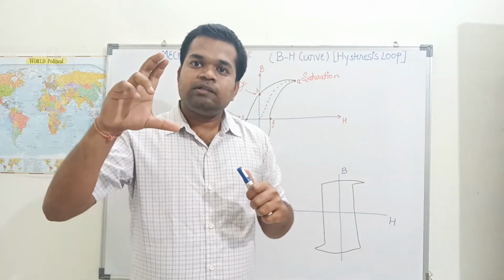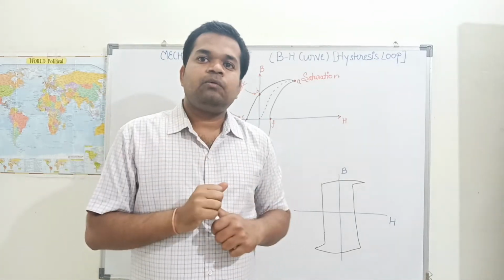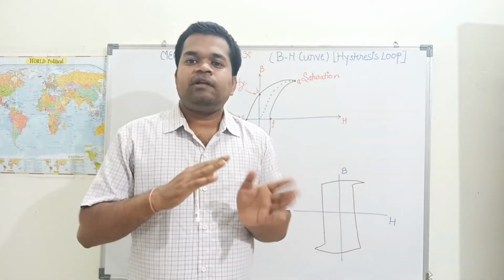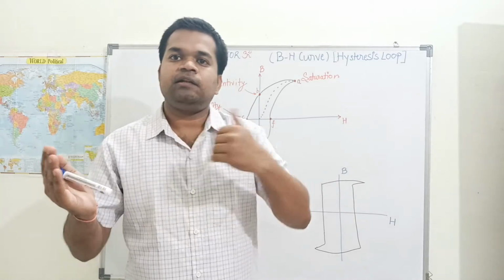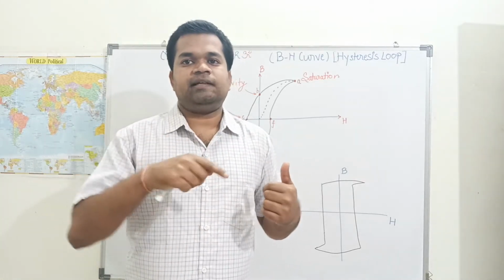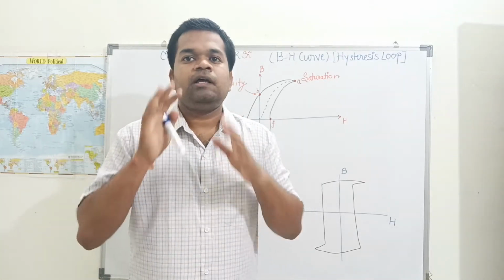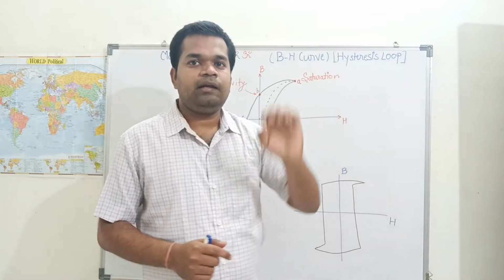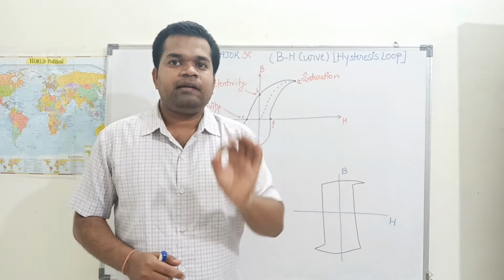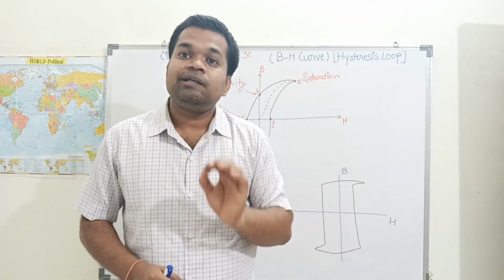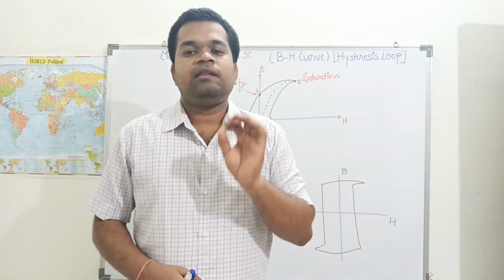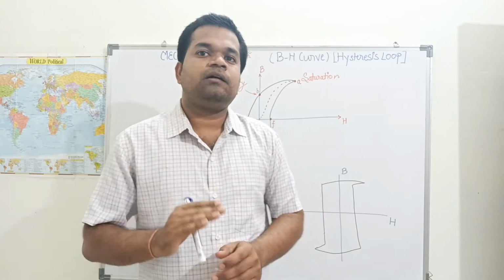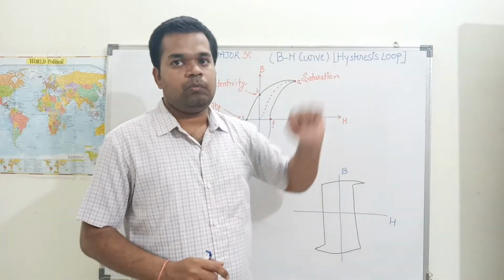So in order to bring it to zero, the field is applied in the reverse direction, and after applying in one direction and in the reverse direction, a closed curve is traced. That curve is called the hysteresis loop. It means when a ferromagnetic material is subjected to an alternating magnetic field, the curve traced by that material is called the hysteresis loop.